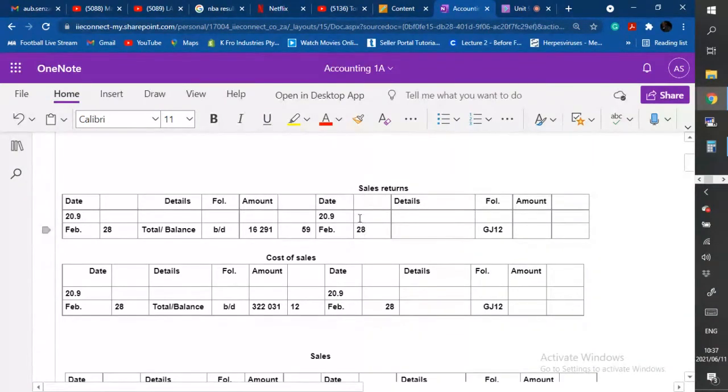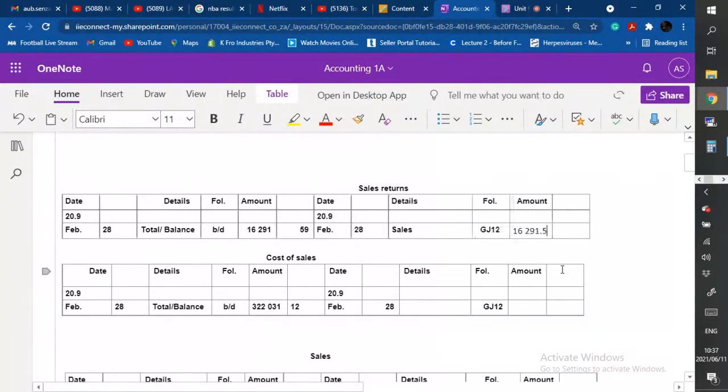Then you say, okay, we want to close the account. So we need to make an equal and opposite entry. And we're closing that off to sales, okay, for the same 16,291. So can you see what I'm saying? It's actually easier here now. Okay, I'm just going to put it all in one block. 59 cents. Okay.